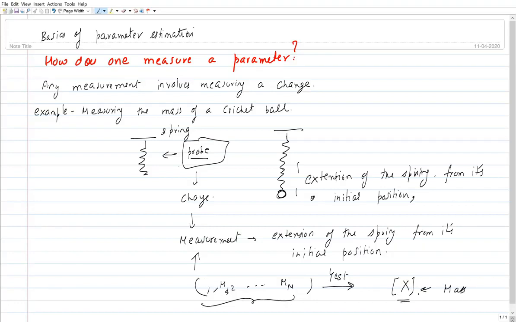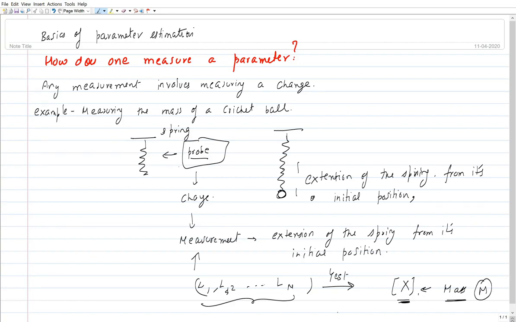So let me label these as L1, L2, L3, because this is what my actual data look like. L stands for length of the spring, and that gives me an estimate of the mass m of the object.